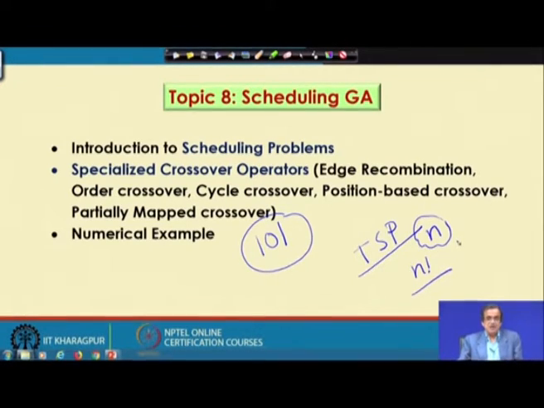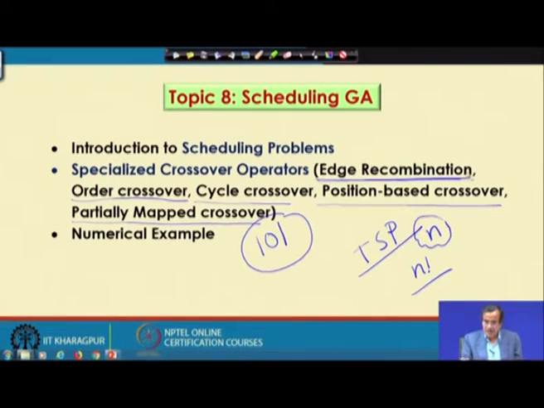So, those things are to be overcome, and that is why we took the help of the special type of operators like edge recombination, then comes the order crossover, then cycle crossover, then position based crossover, then partially mapped crossover. Now, these crossover operators I have discussed in details with the help of some numerical example, but let me spend little bit of time on the principle just to summarize.